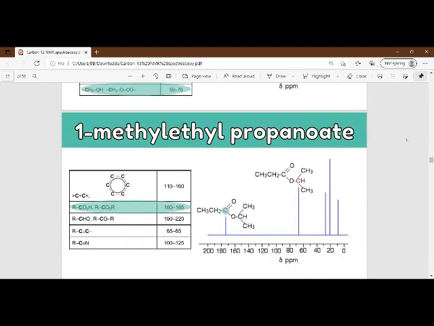And moving on to the peak at 174, just the smallest one, it is due to a carbon in a carbon-oxygen double bond in an acid or ester. So basically this compound is actually an ester, as the table shows.